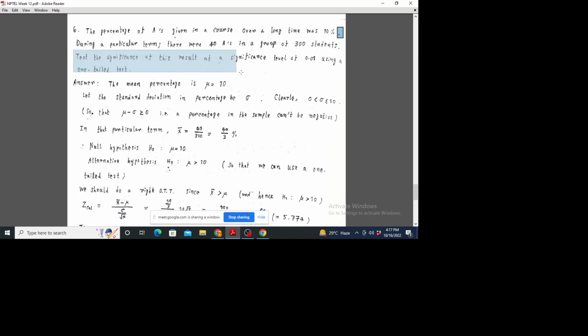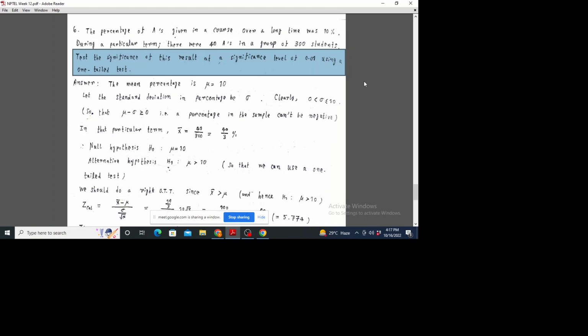Okay, so test the significance of this result. You have to tell whether this result is significant for the long time or not. Yeah, ideally, 10% of 300 should have been 30, but it is 40. So it is significant, but it is for only one particular term, no?